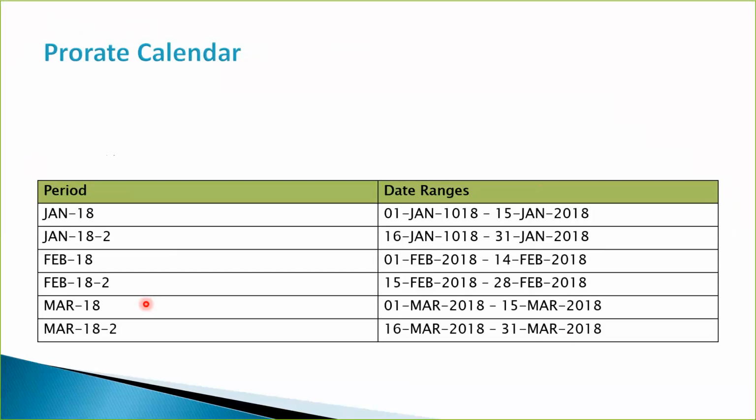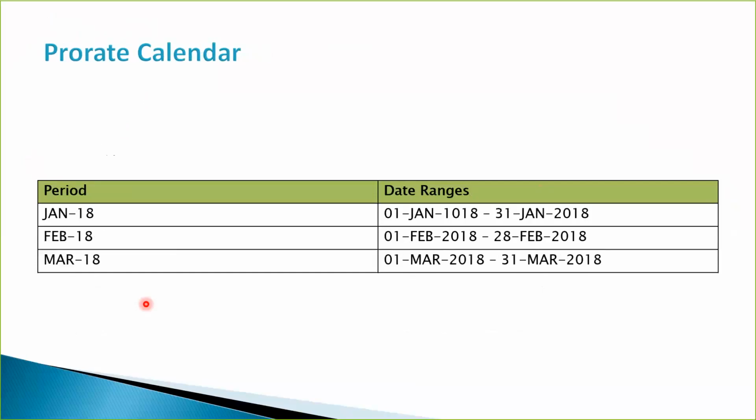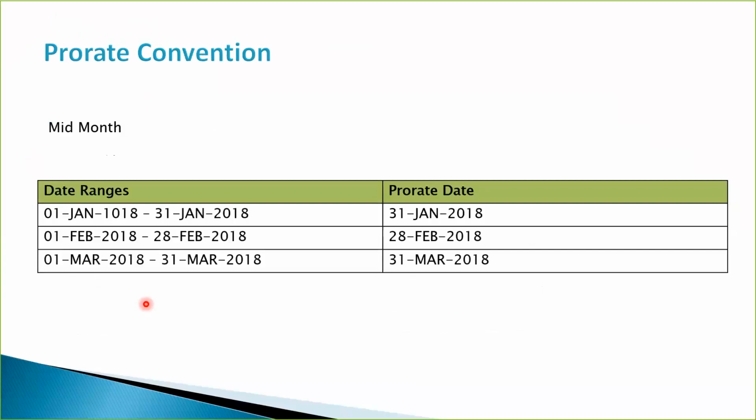Assuming our asset was placed in service instead of 11th March, which is in the first half of the month, let's say 26th March, okay? The convention that we are using is still this one. So based on that, the prorate date that we'll get based on the date placed in service of 28th March will still be 31st March, okay?